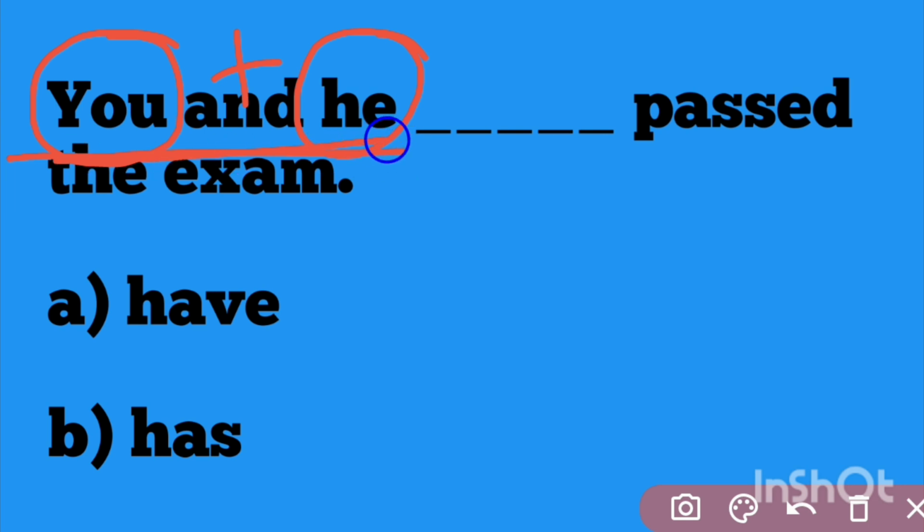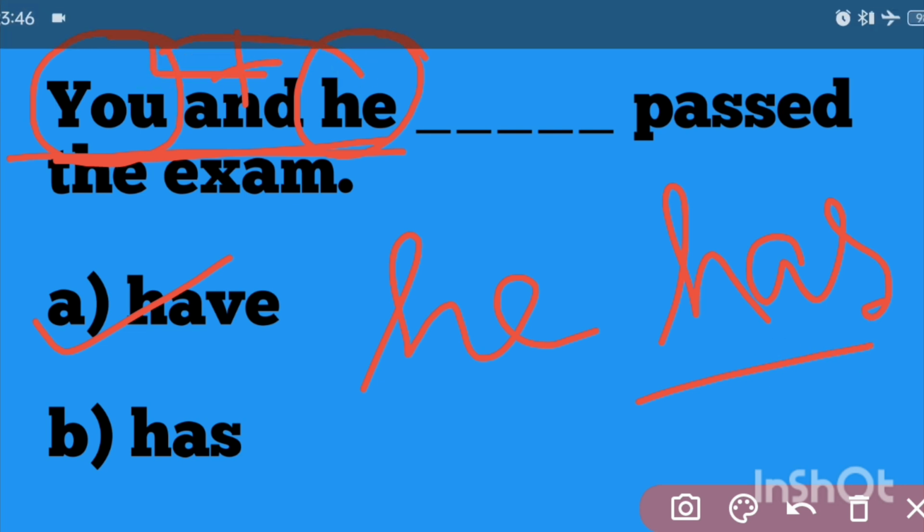So if it is plural, then without any hesitation we should use have. Maybe it seems awkward in listening, but there is no such problem. After he always we use has. But here there is another word which is you.